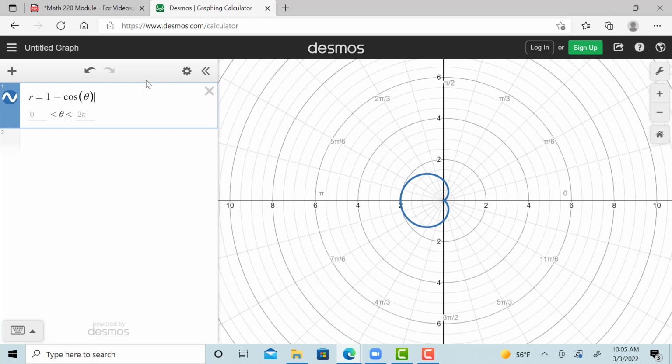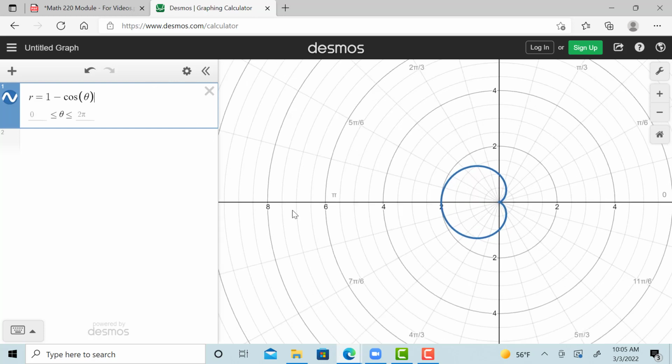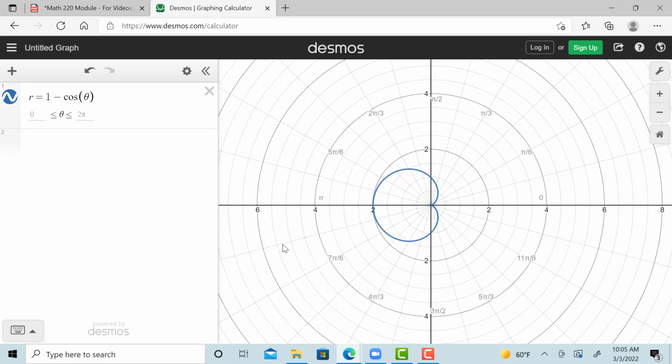This is not something that I require you to sketch by hand. This is where technology is really nice, so you can use technology to your advantage. But if I do ask for the graph, you can use this to sketch, or you can even copy and paste this into your lab assignment if you need that.